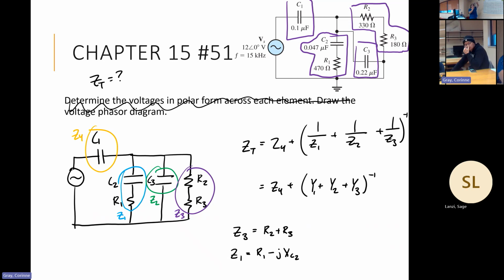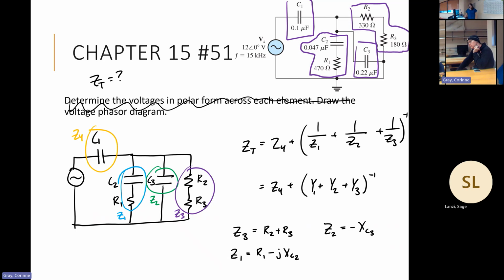Yes, and in that specific branch, what is RT and what is XCT? So Z2 would just be negative jXC. You have the packet in front of you, but yes. So these would be the equations.